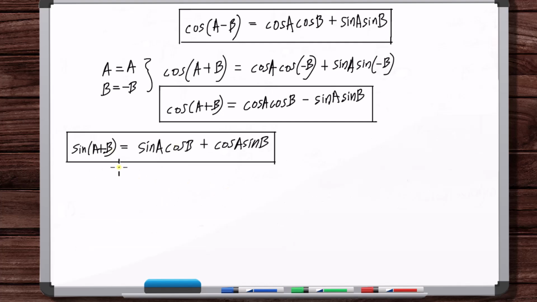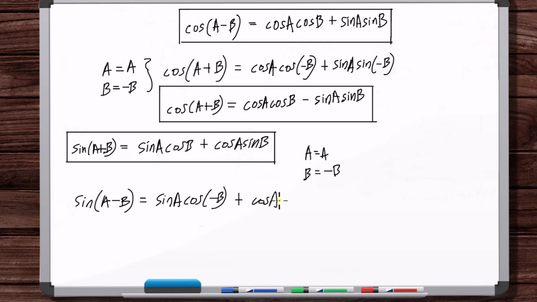Okay, now to get the difference identity for sine, we plug into sine of a plus b. We say a is equal to a and b is equal to minus b. So sine of a plus minus b, which is just sine of a minus b, is equal to sine a cosine of minus b plus cosine a sine of minus b.